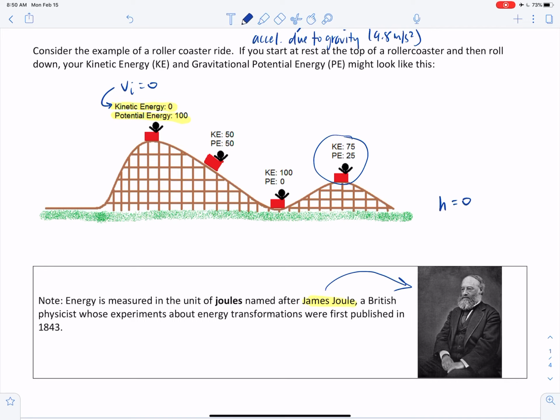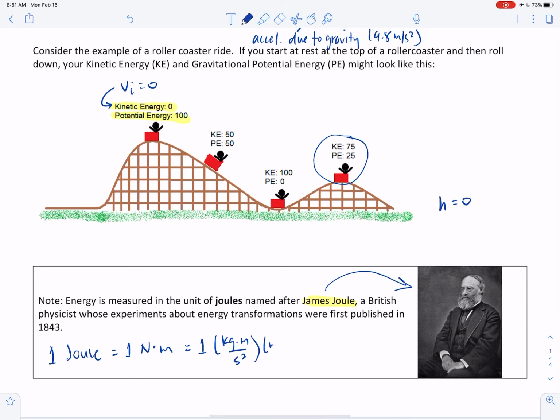And what is a joule exactly? I'm going to show you how the unit of joule is related to the familiar units of kilograms, meters, and seconds. So 1 joule is, by definition, 1 Newton times a meter. A joule is a Newton meter. Well, what is a Newton meter? First of all, a Newton is a kilogram meter per second squared.